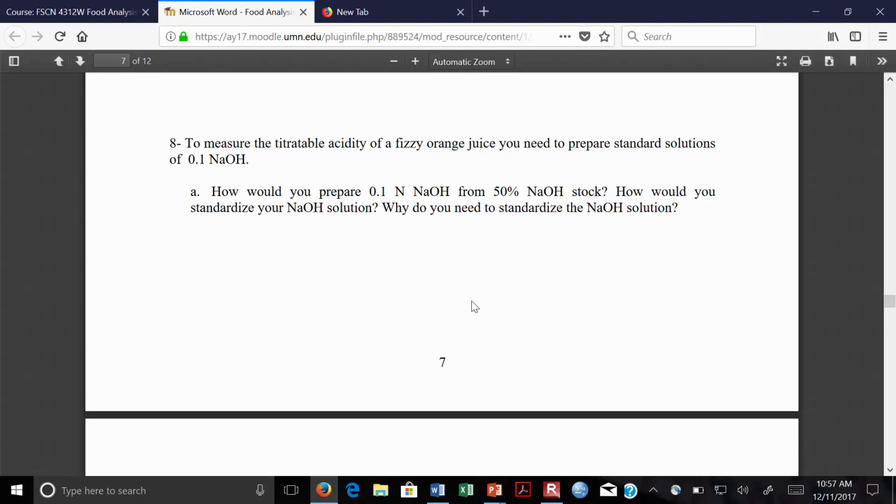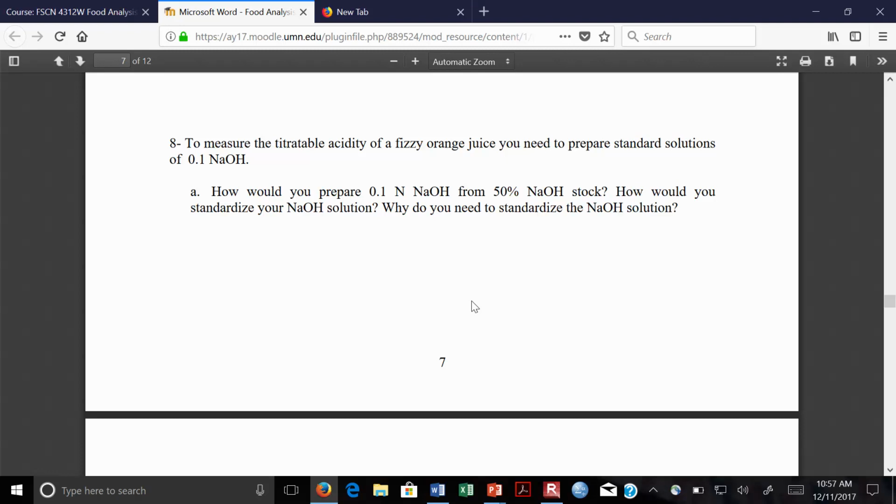That means you titrate the standard acid with NaOH, and at the point of equivalence, with phenolphthalein indicator, you have N by V equals N by V, and you solve for the normality of NaOH. That's how you standardize the NaOH solution.